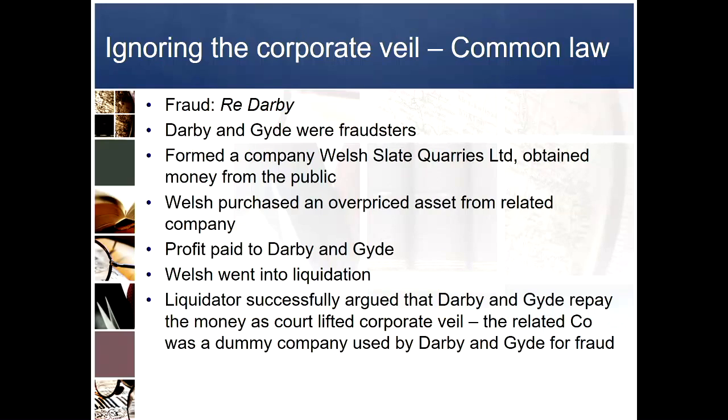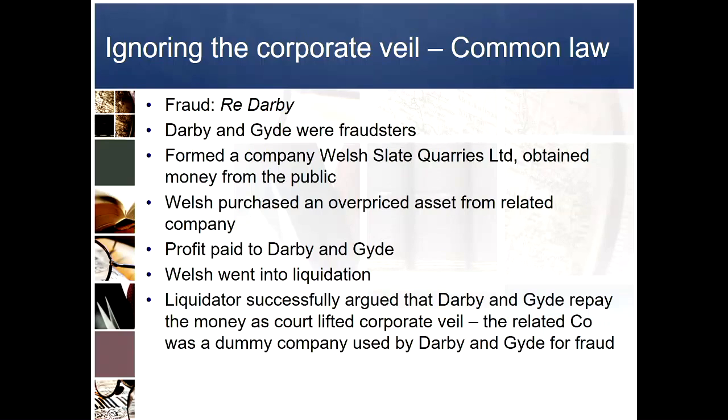And it became obvious that what had happened was that Derby and Guide had set up this company simply to perpetrate a fraud on these shareholders, to get them to pay money, that ultimately that money ended up in the hands of Derby and Guide in return for this asset.